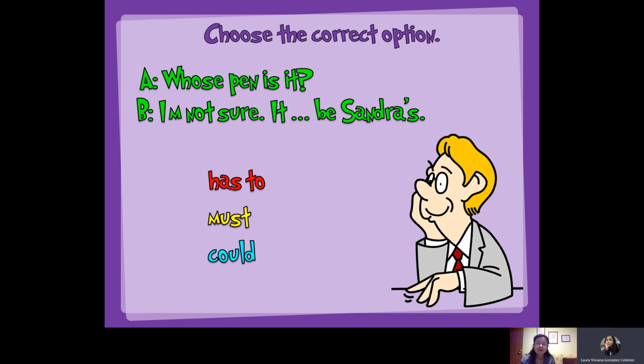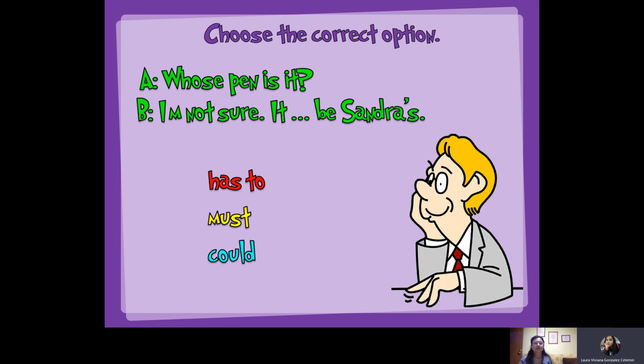But you say, I am not sure. ¿Tiene que ser de Sandra? Cuando tú dices I am not sure, estás diciendo no estoy segura. Tiene que ser de Sandra, entonces ahí habría una incoherencia, porque dices por un lado que no estás segura y luego por el otro aseguras que es de Sandra. Entonces, no podría ser has to.